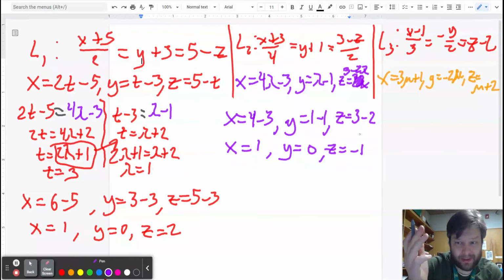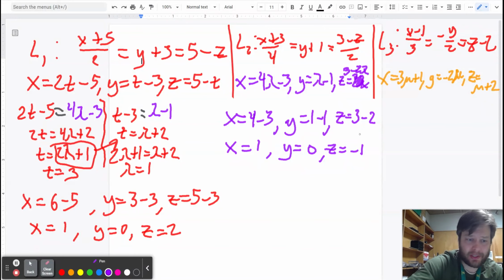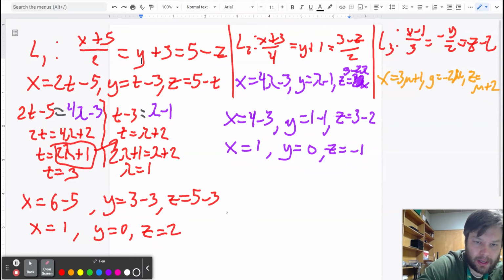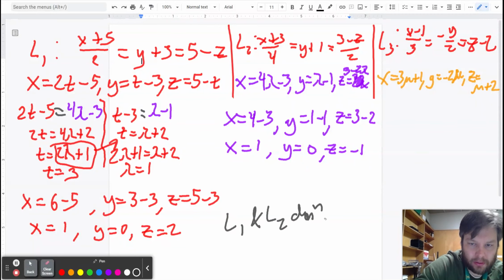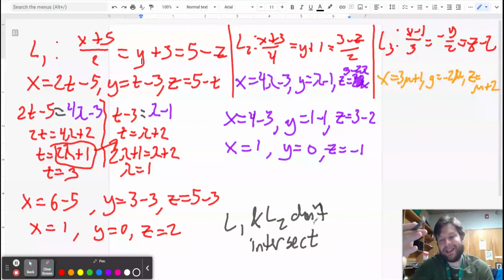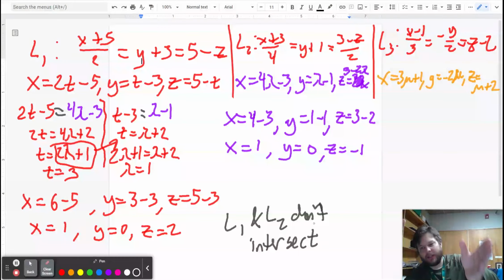So what we just found actually is enough to answer the question, which is just that L1 and L2 don't intersect. The only way that lines can intersect is if their x values are equal, their y values are equal, and their z values are equal.